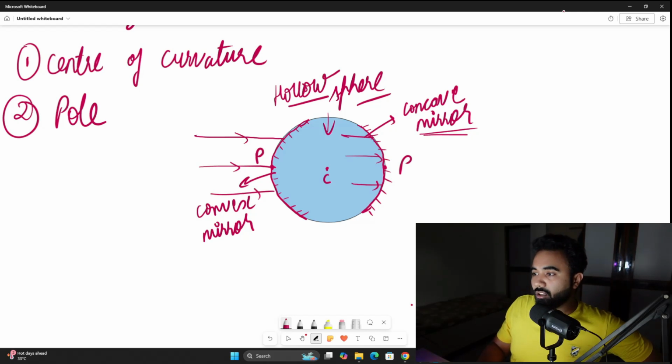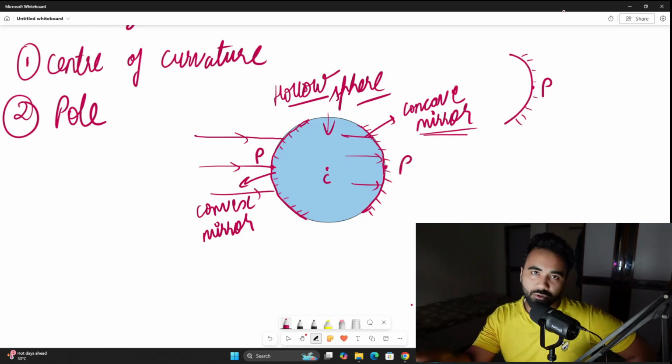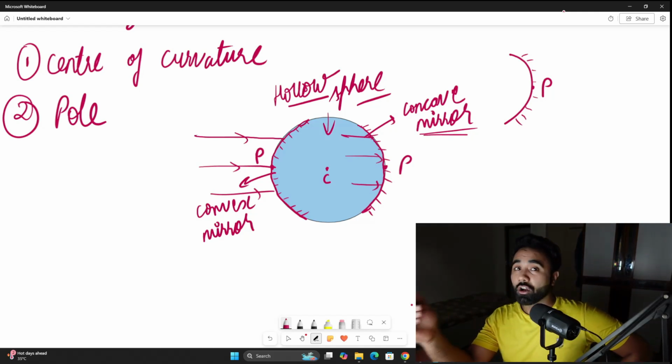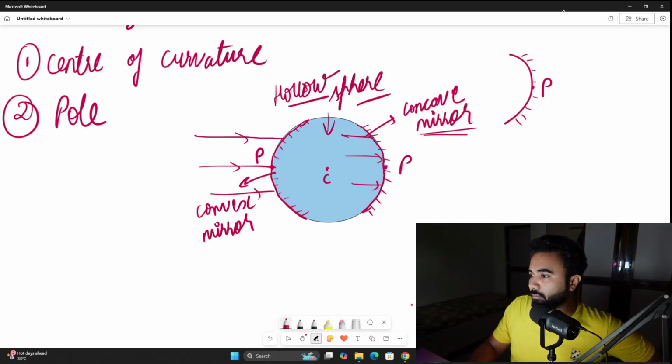So the center of this concave mirror is P. It is called the pole. And in your school exams, they will make you draw which one is the reflective surface, that is the shiny surface. It is very important from the perspective of science to draw a reflective surface. So the center of a mirror on the surface of the mirror is the pole, and that goes for both of them.